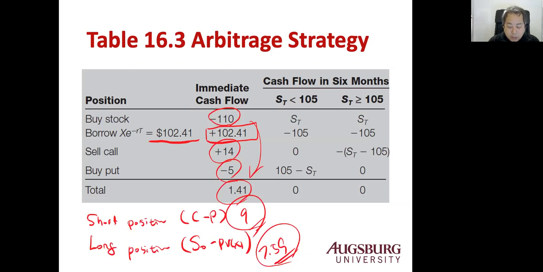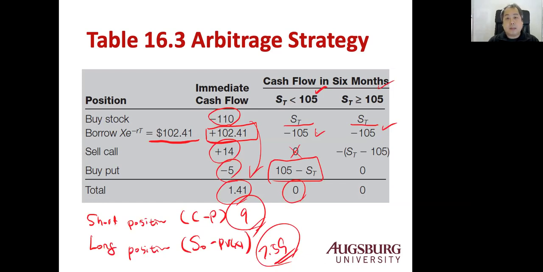Now you hold the stock, so your stock price will be S_T, and we have two cases. S_T may be below the exercise price or above it. If it is below the exercise price, you have to pay back $105. The put option is in the money, so only the put option will be exercised and the call option is not, so you have 0.